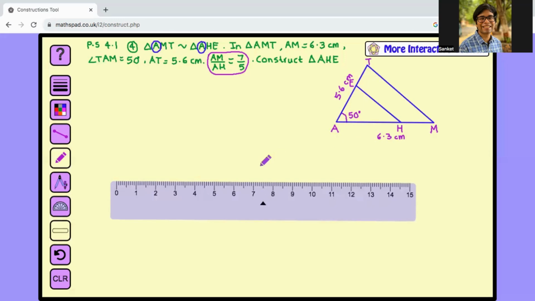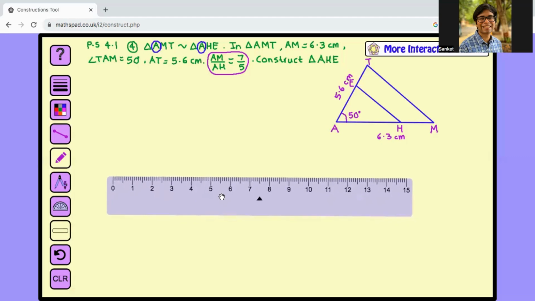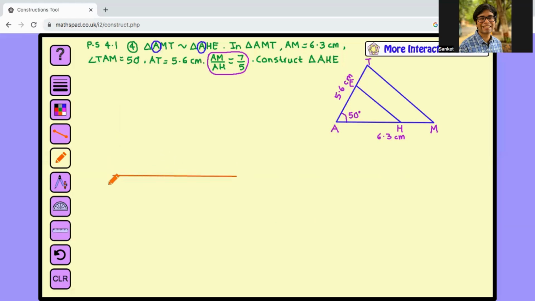The base is 6.3 centimeters. I'm going to draw the base 6.3 centimeters. Keep the scale away. Label this as A, this as M. I'm going to keep looking at my rough figure all the time.